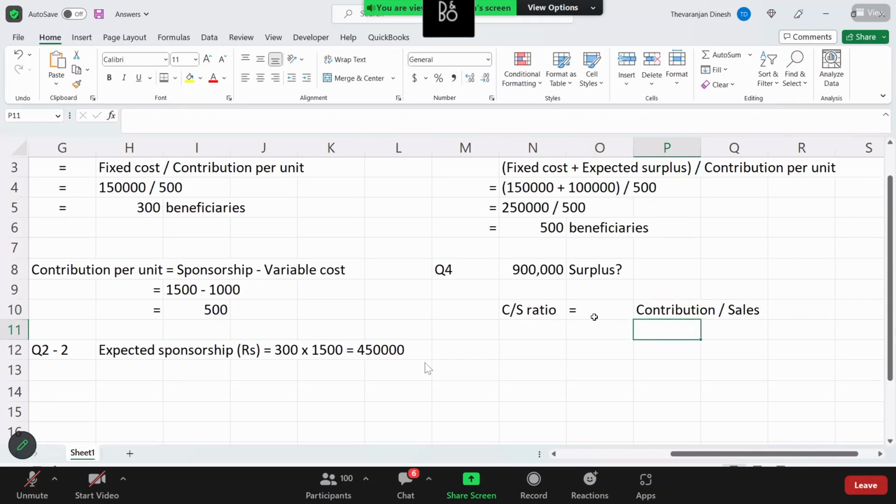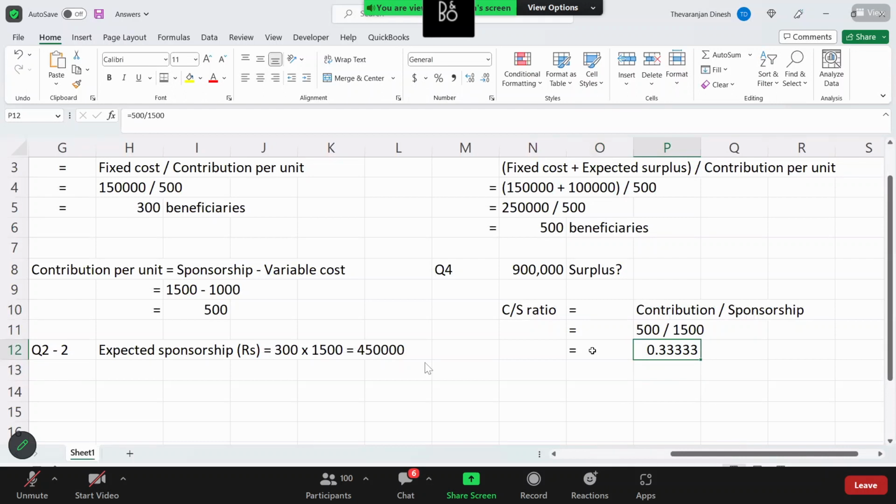So we have to calculate the CS ratio first. Our contribution is 500 rupees. The sales: here there is no sales, here you have to say it is sponsorship. I mistakenly wrote it. In our situation, it is sponsorship. Contribution divided by sponsorship, so 500 divided by 1500, which is equal to 0.333, so 1/3.